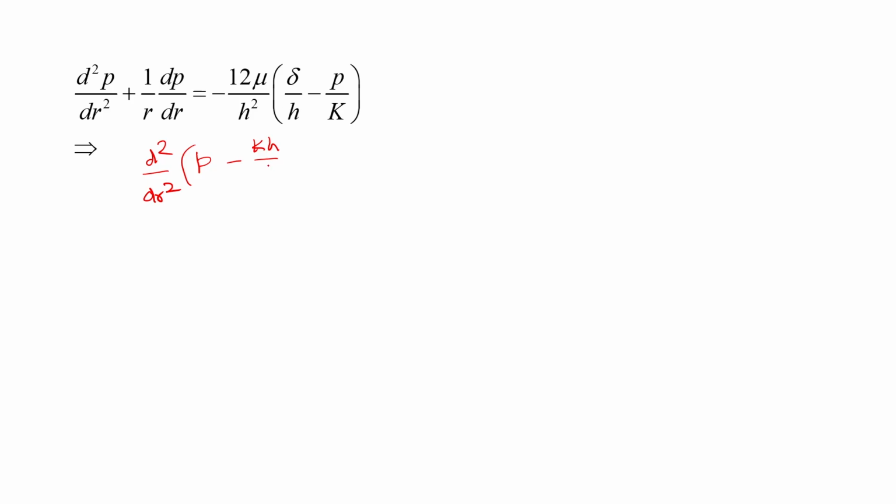Plus 1 by r d by dr of p minus k delta by h. Remember, k delta by h is constant with respect to r, so its derivative is equal to 0. I am just trying to write it in a slightly different way.